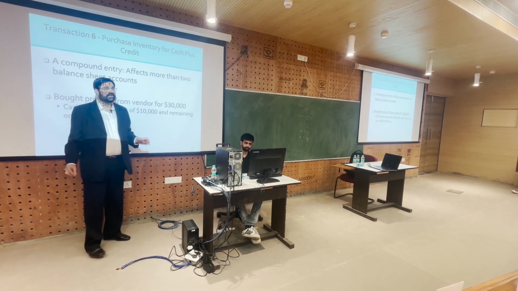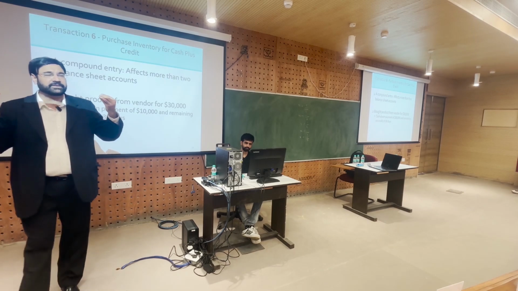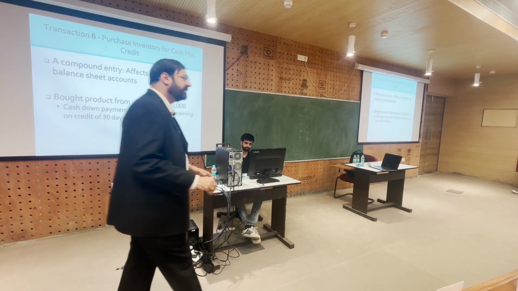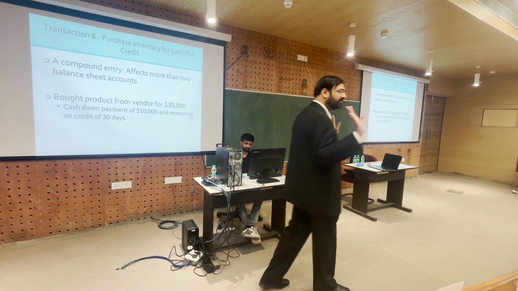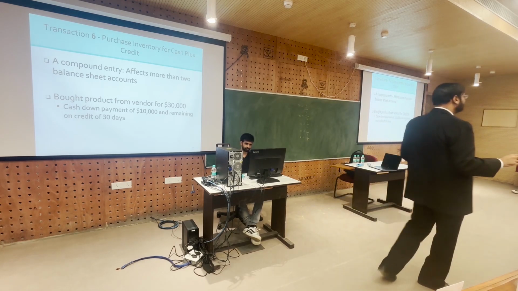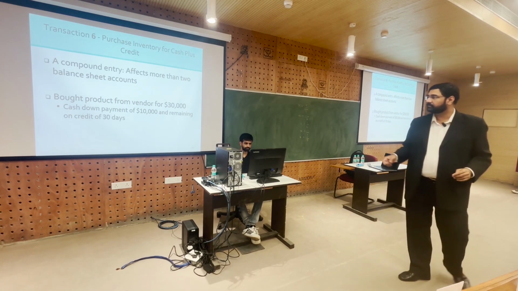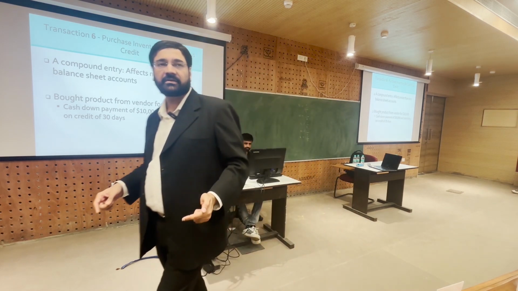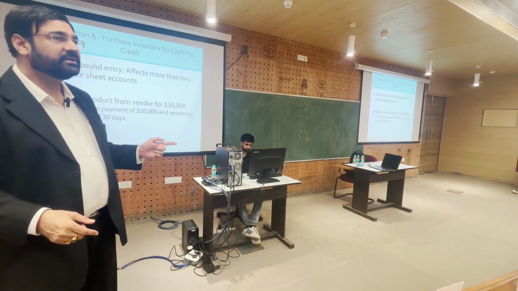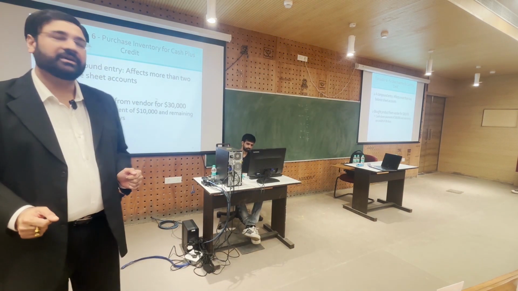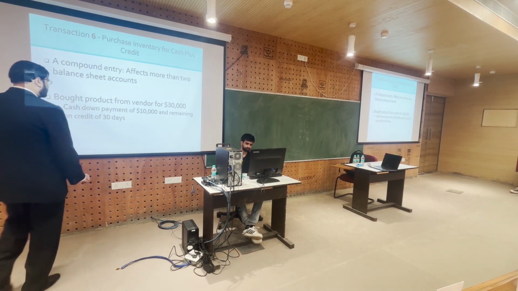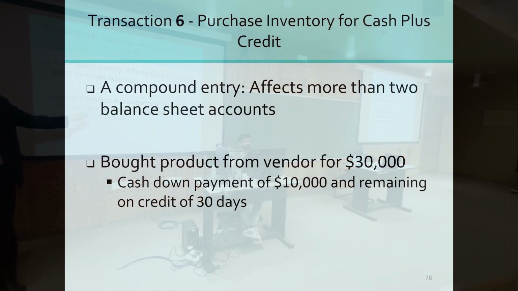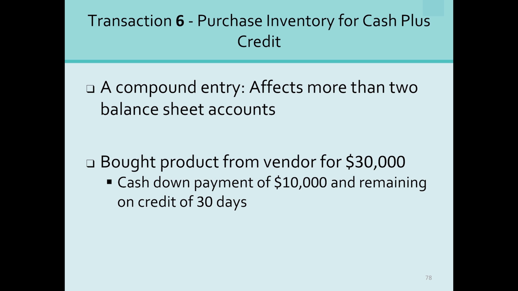When you buy inventory of 30,000, whether you pay cash or buy on credit, inventory is still up by 30,000. But this time cash is going down only by 10,000, and for the balance you have to pay later. So, it is a liability. Accounts payable is up 20,000.